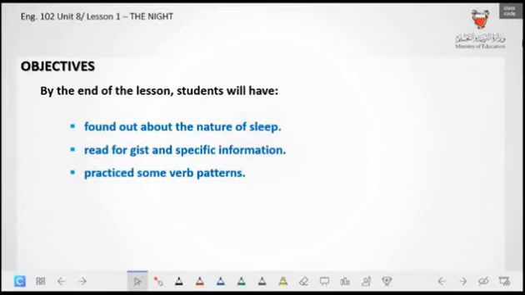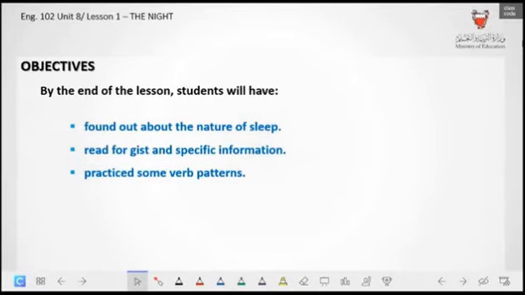And now this is maybe a question for you that you might want to investigate at your leisure time. I have a couple of questions for you regarding sleep. For example, we said that sleep is a must. Even animals need to sleep. However, there are some animals that do not sleep.